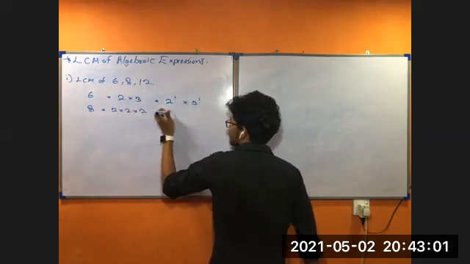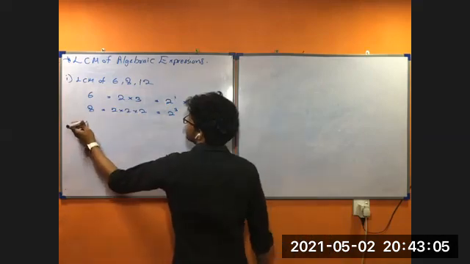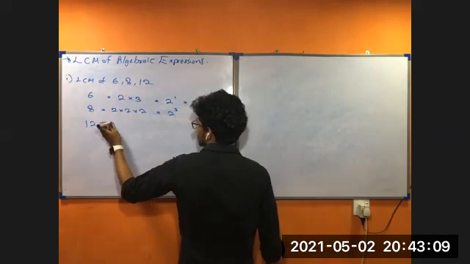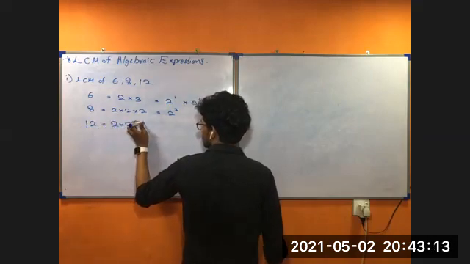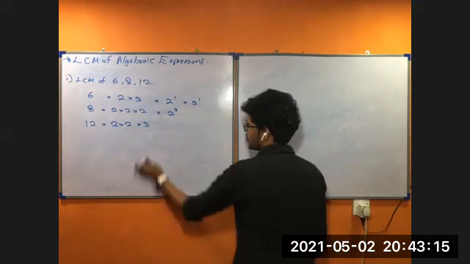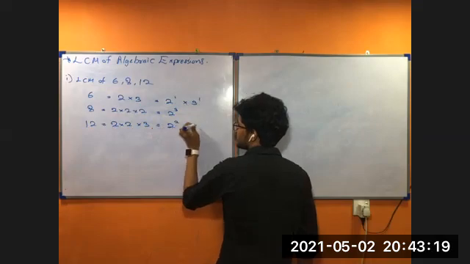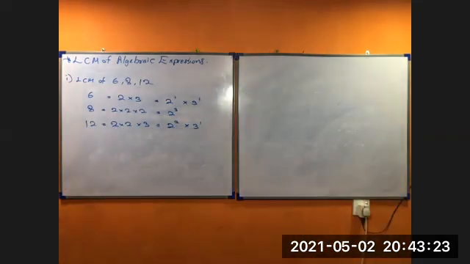So that is 2 to the power 3. And we have 12. So 12 can be written as 2 into 2, 4 into 3. That is 2 to the power 2 multiplied by 3 to the power 1, right?